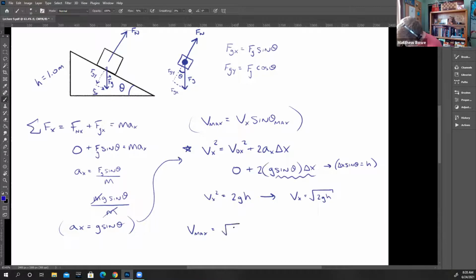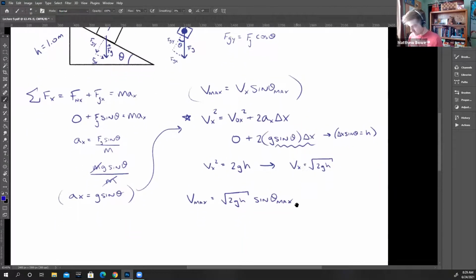So we have square root of 2gh times sine of whatever that maximum angle is. So now at this point, you see we know what g is, we know what h is, we know what the maximum velocity can be, or it should be. So we know everything except the angle. That means we can solve for the angle.